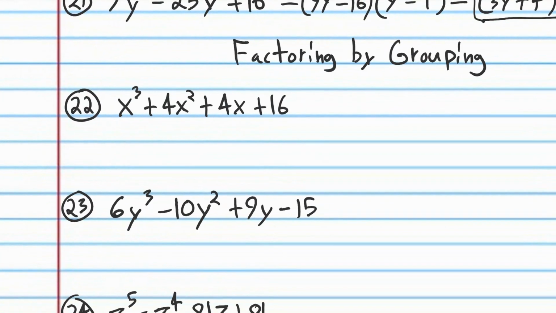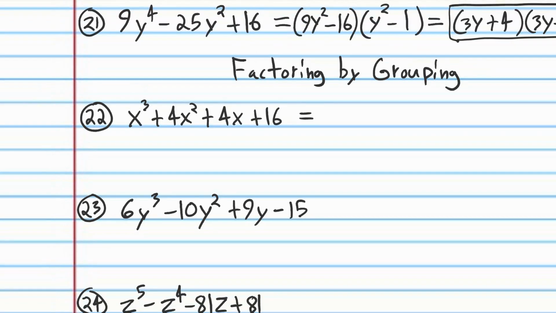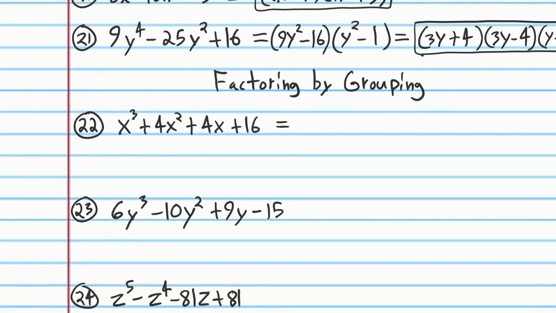But we did factor in course number 2. And so what we're going to do is we're going to take these first 2 terms. Now, this is going to seem very strange. You're going to take these first 2 terms and you're going to factor out the greatest common factor.